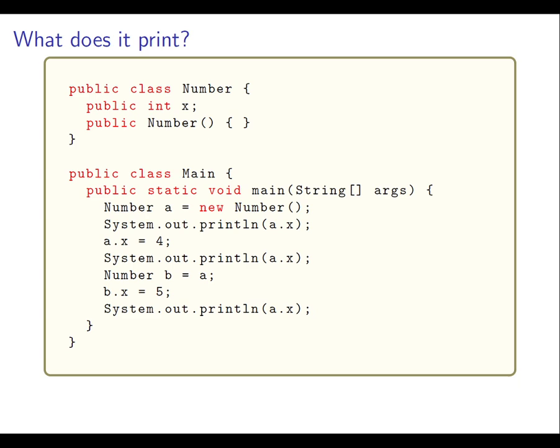The other thing I want to say is that, although for the sake of having you understand what's going on, we have a public instance variable x in our class number, that is a thing you should never ever do. Instance variables should be private or possibly protected, which is another variant we're going to see later on. But for the sake of argument, we're going to have public instance variables in these examples.